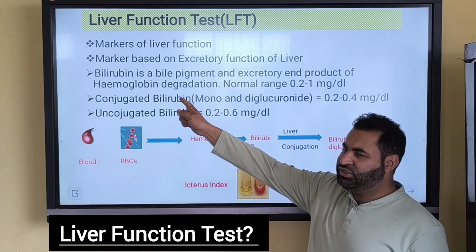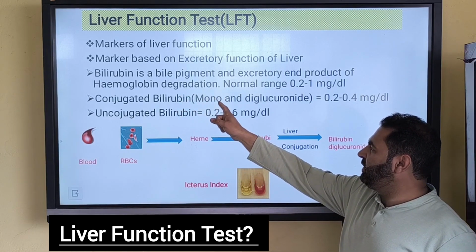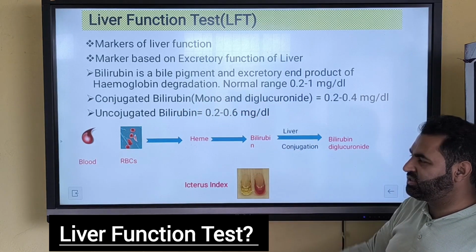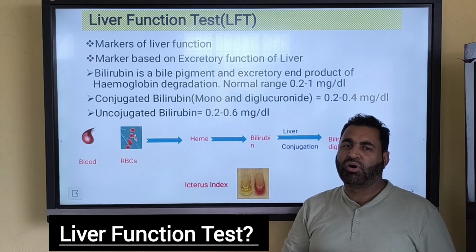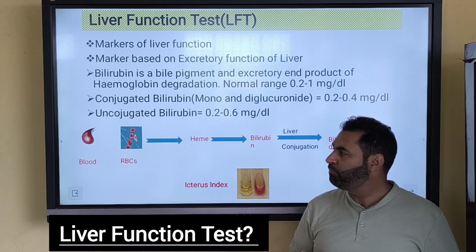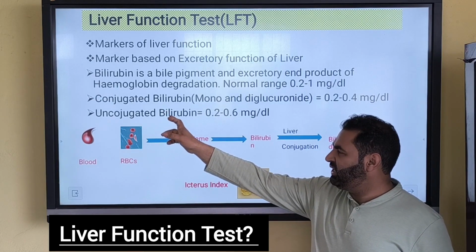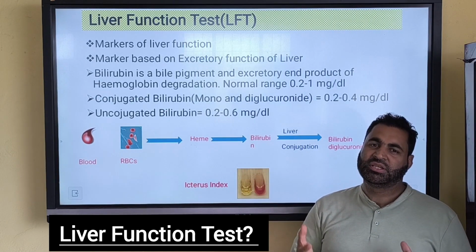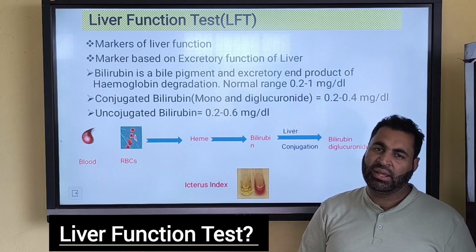If bilirubin is conjugated, it is added with mono or diglucuronides, which makes bilirubin water soluble and it can be excreted through the urine. If it is unconjugated, that makes this bilirubin water insoluble.